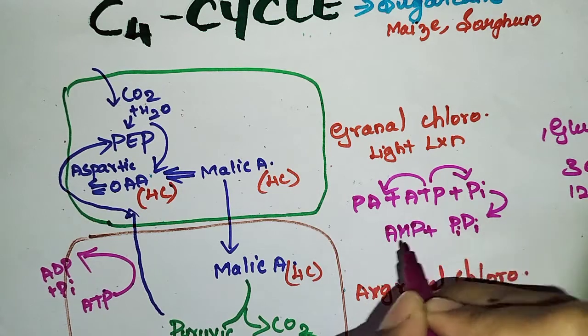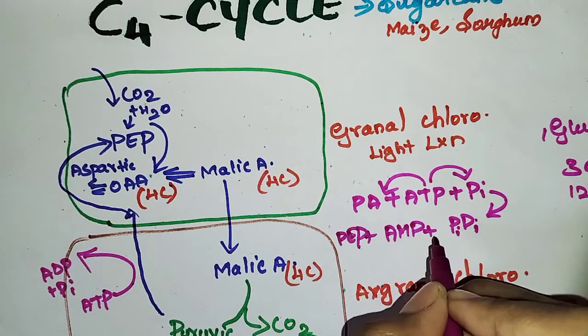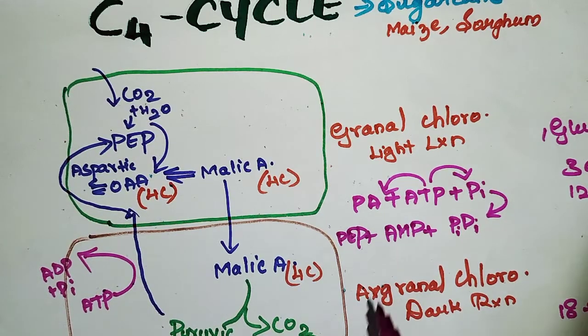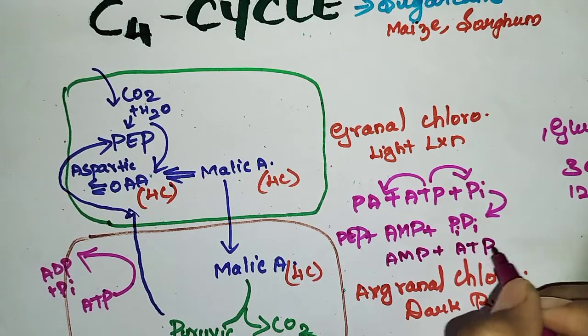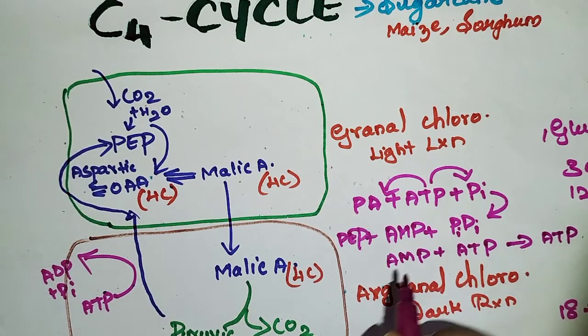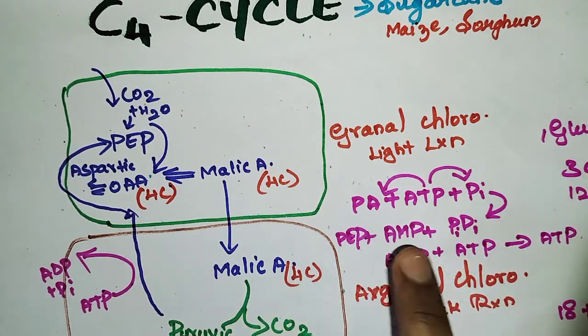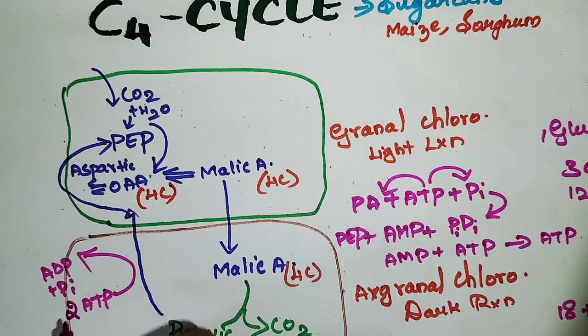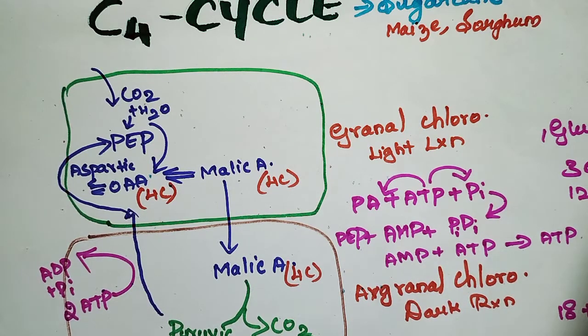So for converting this AMP to ATP, one ATP is used. Okay, this is very unstable. To make it fixed, so the process is regenerating. Okay, so 2 ATPs is used at this step, one for fixation and the other for the stabilizing of adenosine monophosphate.